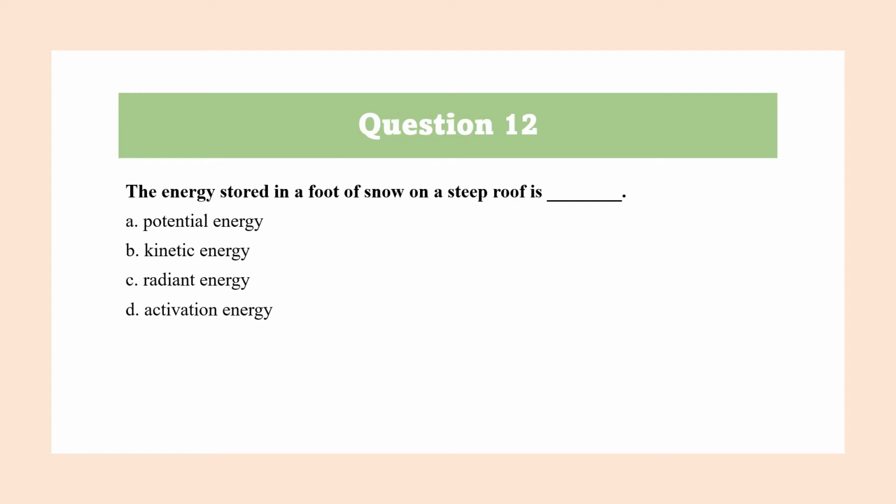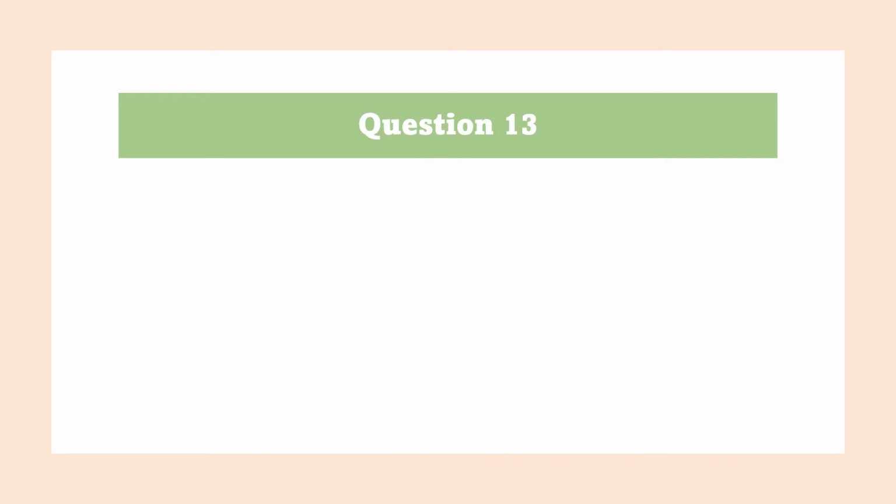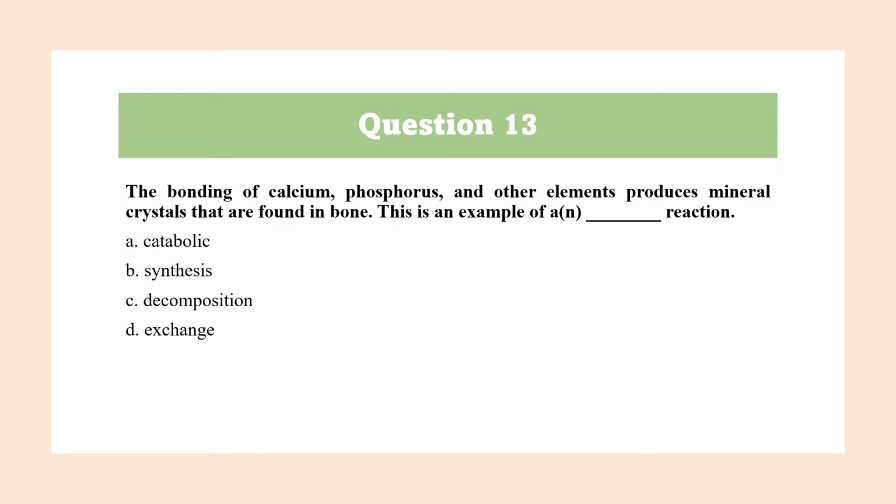Number 12. The energy stored in a foot of snow on a steep roof is potential energy, kinetic energy, radiant energy, or activation energy. Answer is A. Potential energy. Number 13. Bonding of calcium, phosphorus, and other elements produces mineral crystals that are found in bone. This is an example of a dash reaction: catabolic, synthesis, decomposition, or exchange reaction.